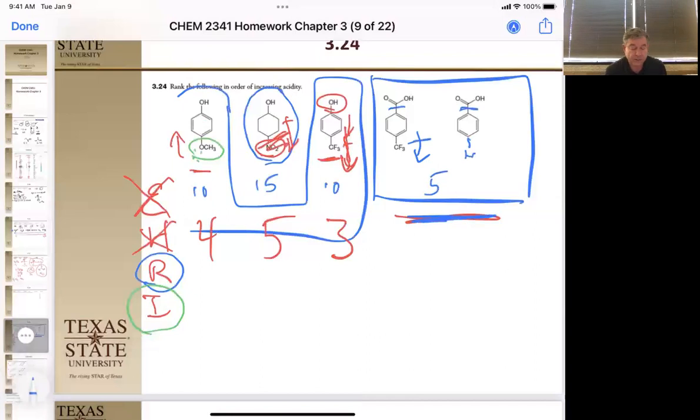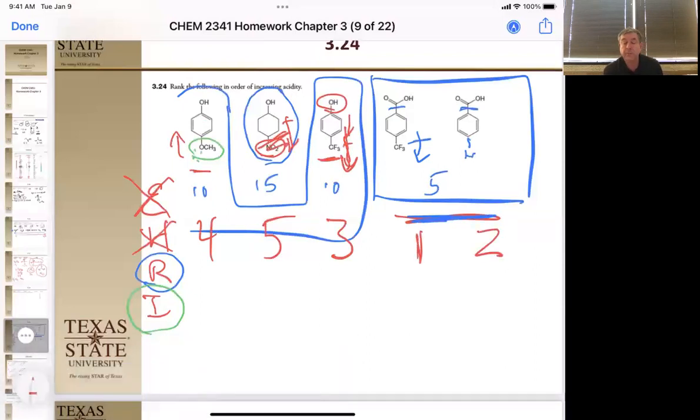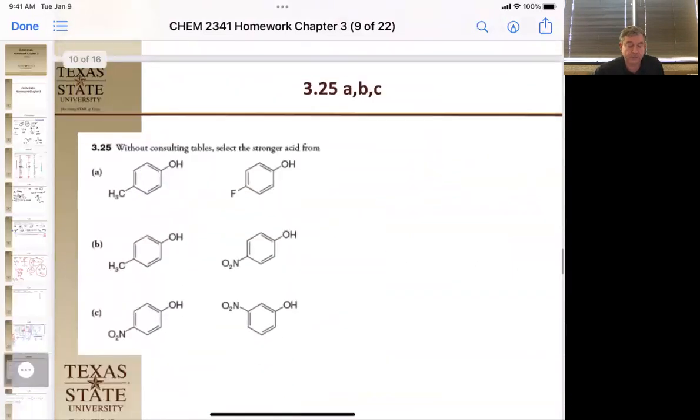So that's going to change this to 2, and that's going to make this one the most acidic of our set. Whenever you look for acidity, look for element, look for hybridization on carbons if it's a hydrogen on carbon, resonance, can it do more than one stabilizing structure, and then inductive effects. If you go through all 4 of those, you should be able to rank the acidity without a table.